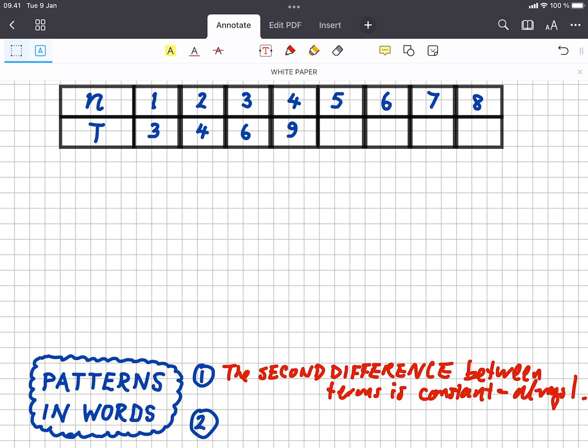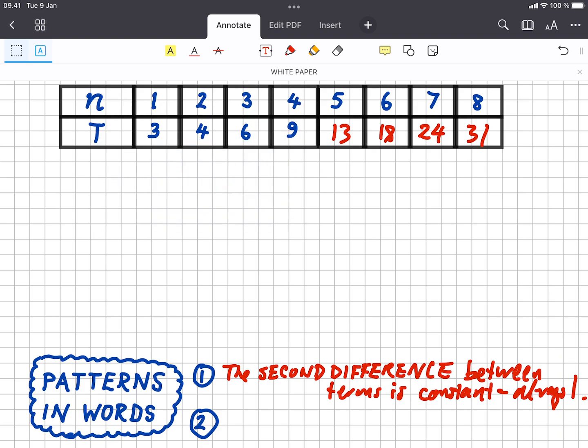I haven't got another pattern in words. Well, first of all, let's try and fill in the table. So if these are going plus 1, plus 2, plus 3, I'd expect the next one to go plus 4, and then plus 5, and then plus 6, and then plus 7. So that's how I'm expecting the pattern to go, just filling in the table.